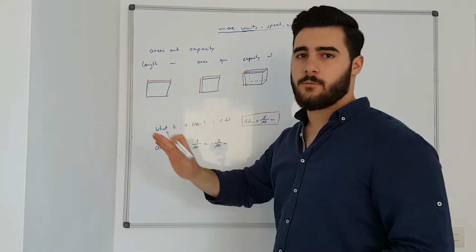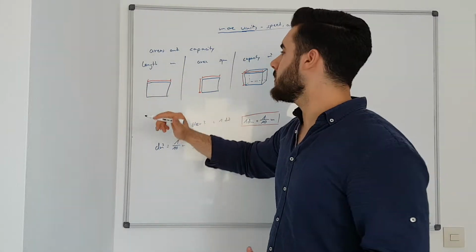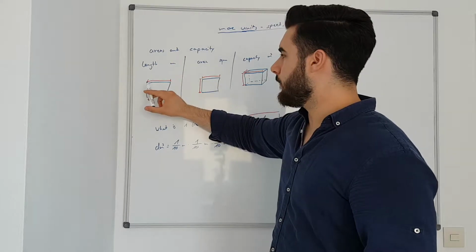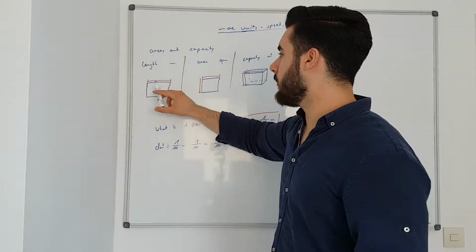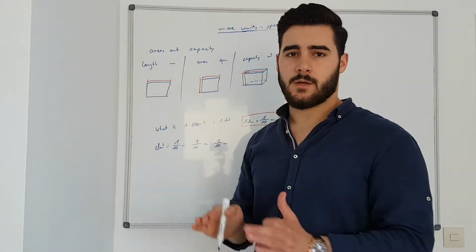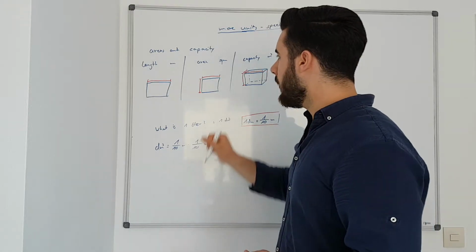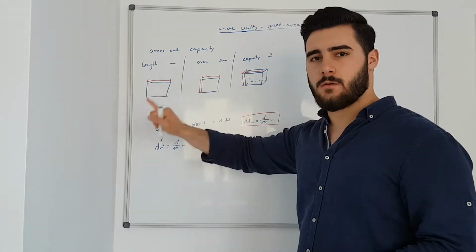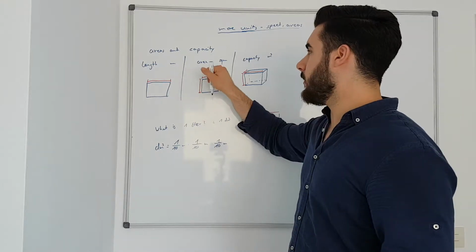So we start off with length. In meters it is basically the distance from one point to the other. You don't have to calculate anything. It starts off with the calculation for areas.